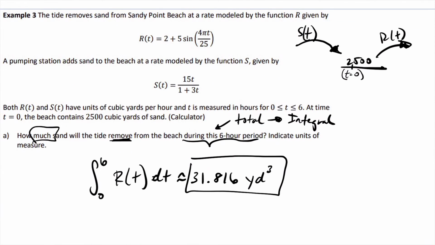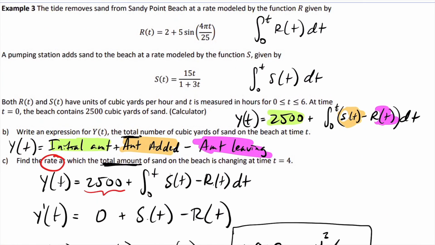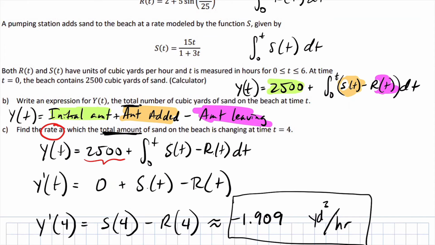And then the second one was similar, just different context. It was sand in, sand out, sand already there, but we told how much will totally be removed, how much will be the total number of sand there at a certain time, right?